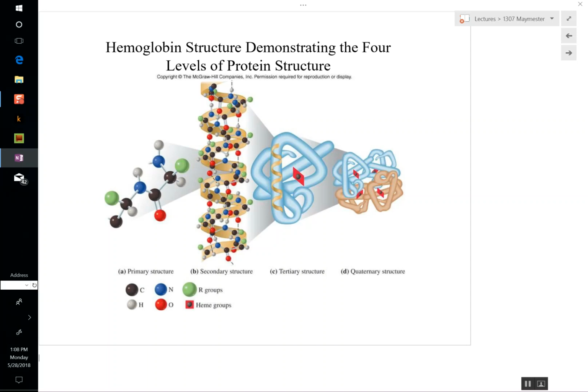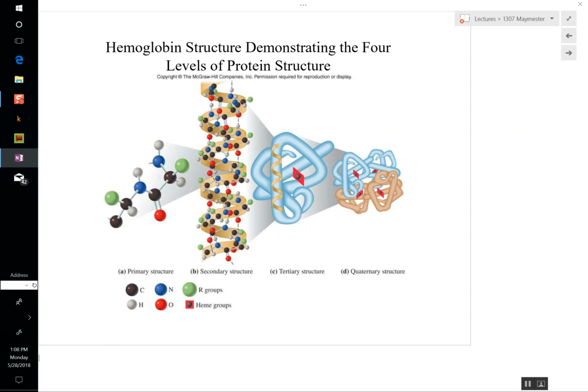All right, so all proteins exhibit primary, secondary, and tertiary aspects of structure. Only some of them, complex proteins, have more. What do I mean by that? Proteins that are made up of more than one unit. Hemoglobin is made up of 4 units, 4 protein molecules.